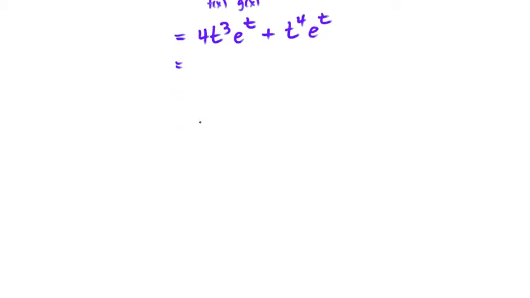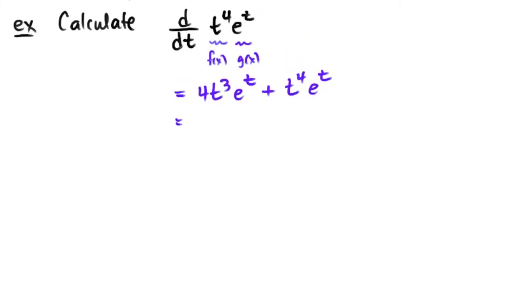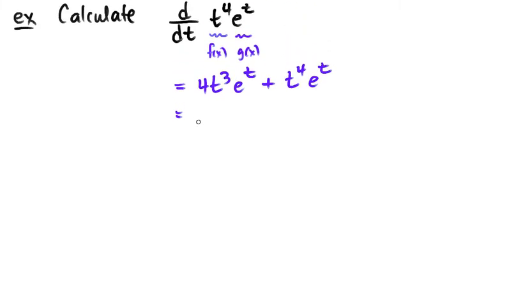If you like, you can factor this out and simplify it a little bit, and you can get t cubed e to the t times (4 plus t), or t plus 4.